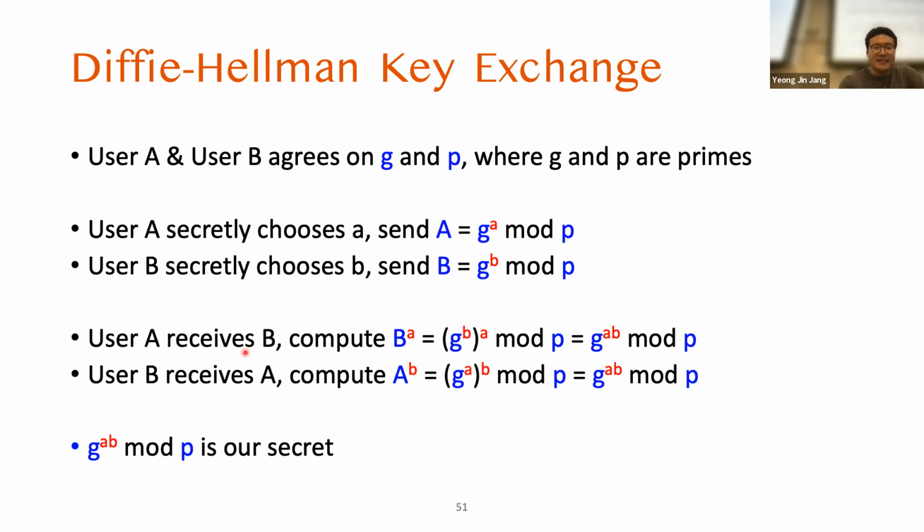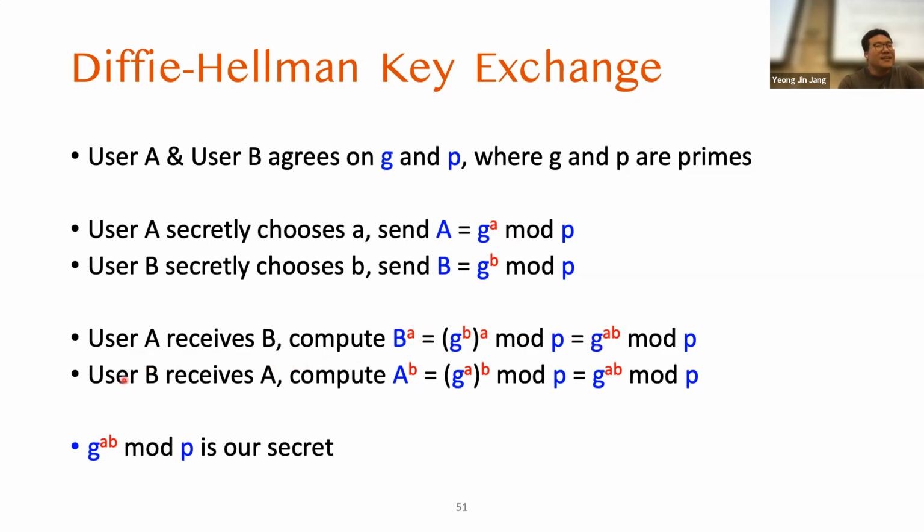These are secret. User A receives this number B and knows the secret a, so we just apply the exponential operation. B is actually G to the b, so G to the b to the a, that's G to the ab.